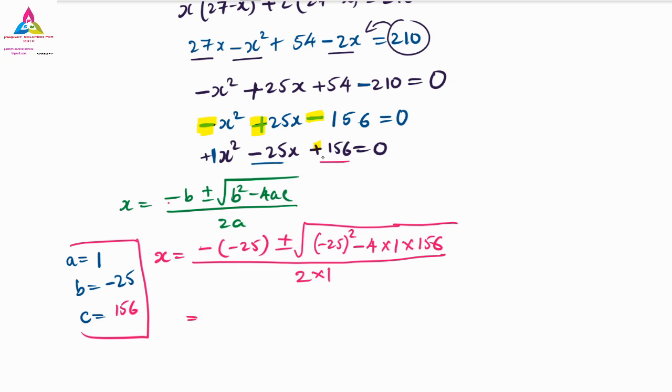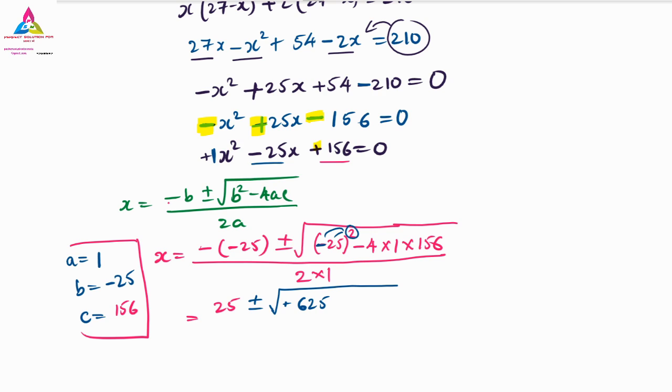Minus into minus is positive, so we get positive 25, plus or minus. Next, inside the square root is very important. The minus square is positive. What is 25 square? Quickly. 625, very good Vidya. We are not finding the square root, we are finding the square.